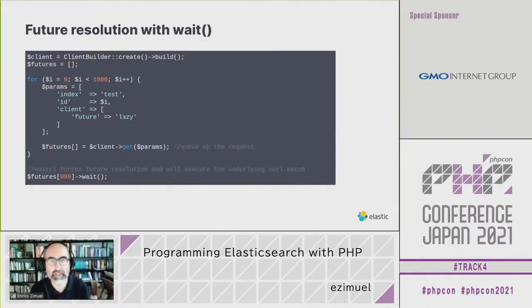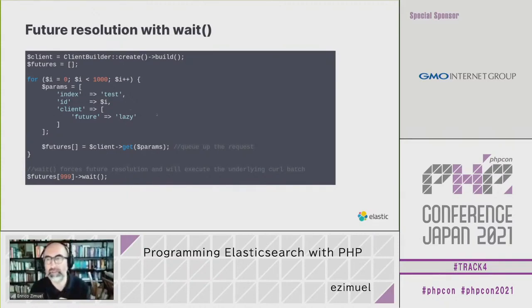We can just say, okay, I want to get, because if you remember, get is the read operation. I want to read the documents using the client future lazy, and I want to store all the results in a $futures array. This loop actually executes all the HTTP reads in parallel.